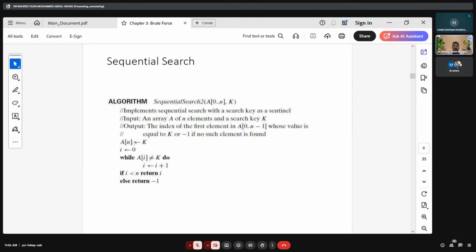Here A[n] equals the key K. So i equals 0; while A[i] is not equal to K, do i plus 1. If i is less than n, return i. Else return -1, so I didn't find the key.